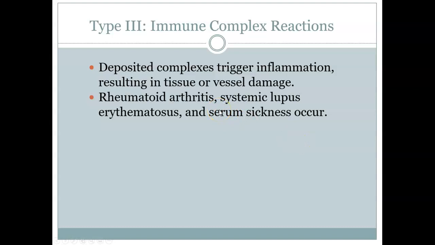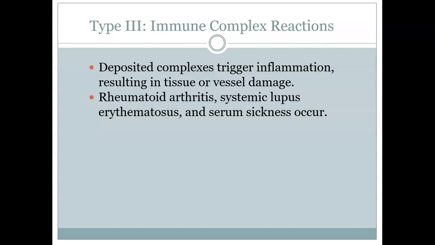So with type 3 immune complex reactions, these complexes are deposited. They trigger inflammation to that area, not just occlusion of the area, but also inflammation around the area where they're lodged, and they cause tissue and vessel damage.